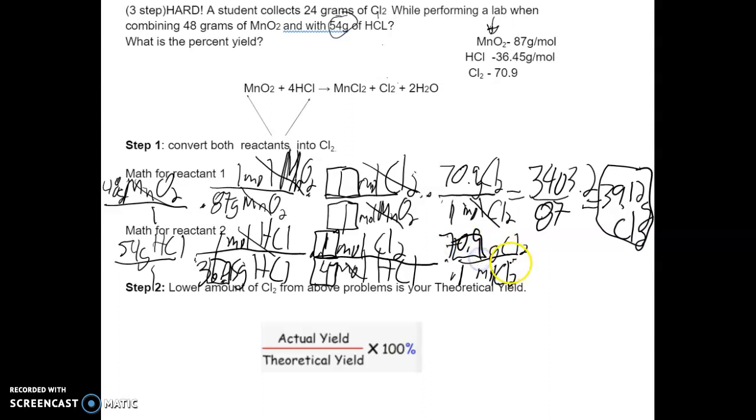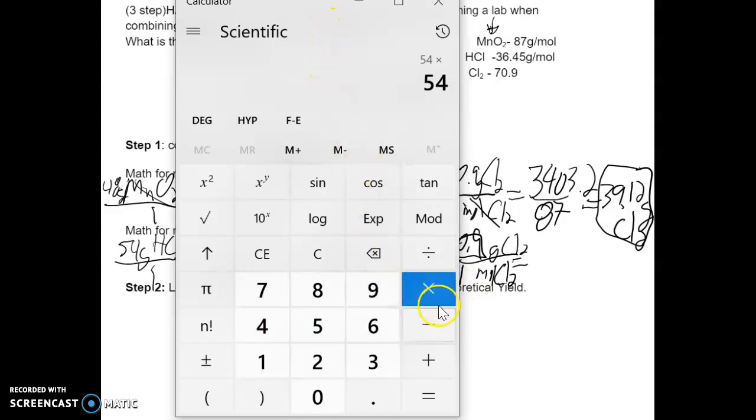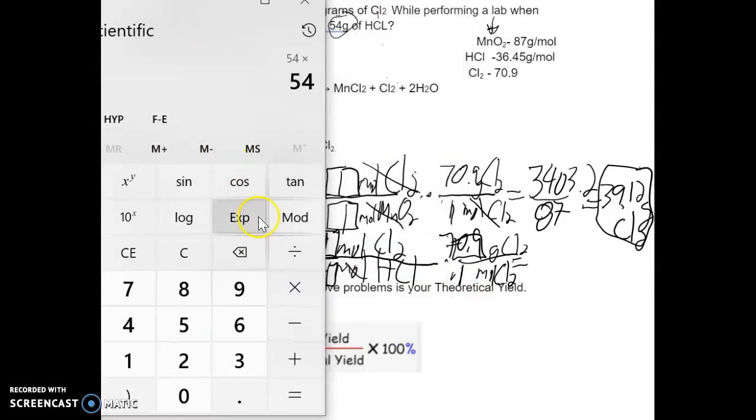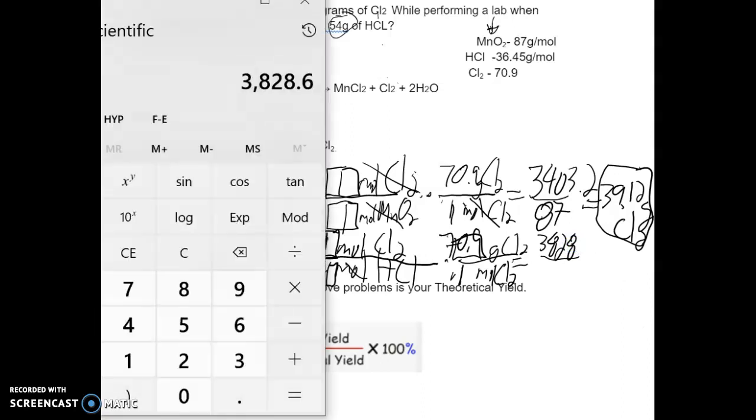So I'm going to get a number for the top. 54 times 1 times 1 times 70.9. See what that gives me. 3828.6. So my top number is 3828.6.